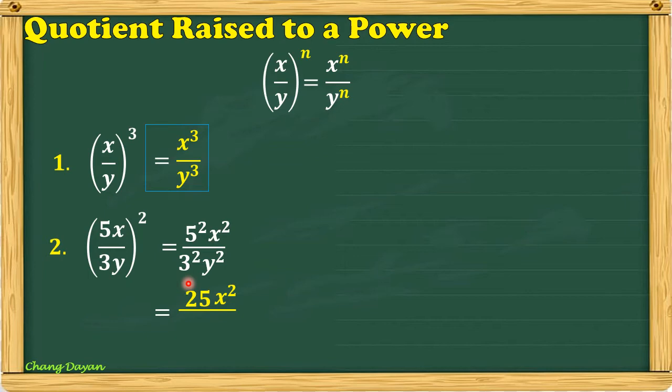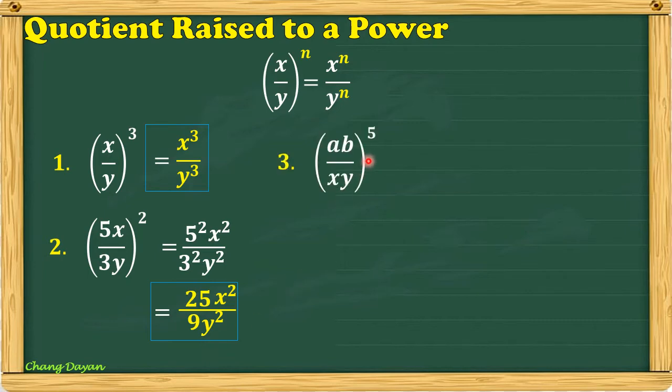Ulitin ko, it is 3 times 3. So, we'll have 9. Then, copy y square. Therefore, our answer is 25x square all over 9y square.